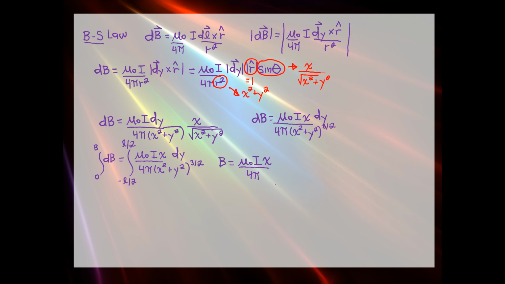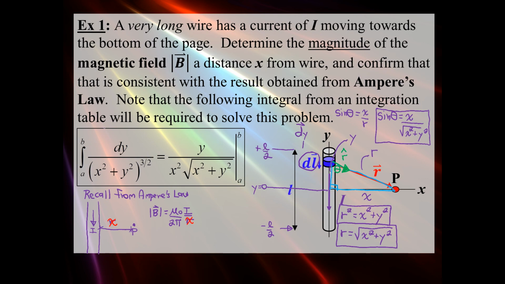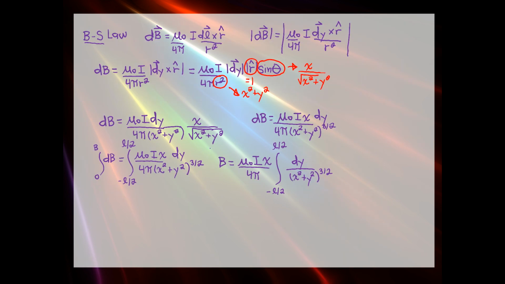So this would be the integral from negative L over 2 to positive L over 2 of dy over x squared plus y squared to the power of 3 over 2. Now, we need to use this integral from the integration table to solve that. So I'll write out exactly what the integral is identified as here, or the antiderivative.